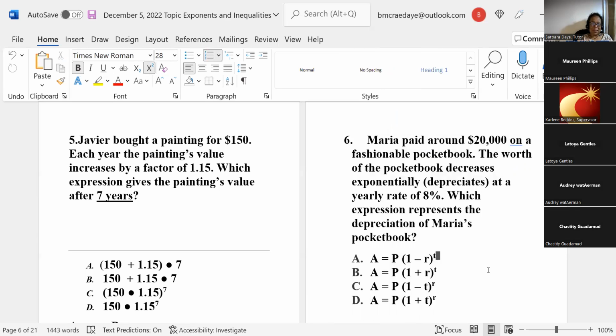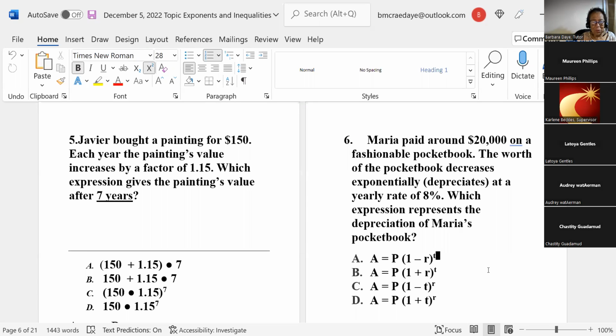Maureen, what did you have for number 6? Maria paid 20,000 on a pocketbook, and it says it decreases exponentially. In other words, it depreciates. So I had A for my answer. You're exactly right, because if it depreciates, you subtract the rate from 1. 8% as a decimal is 0.08, you subtract that from 1, and you raise it to the power that's the time.